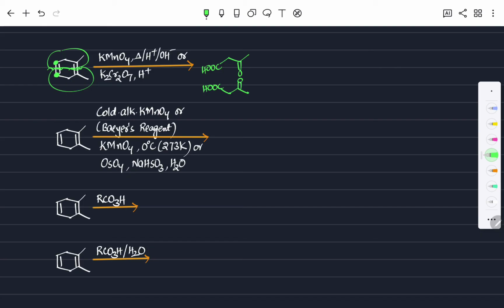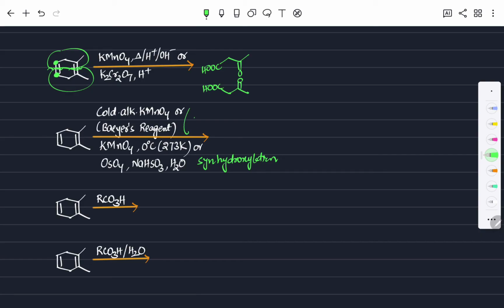When alkene is treated with cold alkaline KMnO4, Baeyer's reagent, KMnO4 at 0 degrees Celsius, cold KMnO4, OsO4 with NaHSO3 and water, this is syn hydroxylation. And here two double bonds are present.